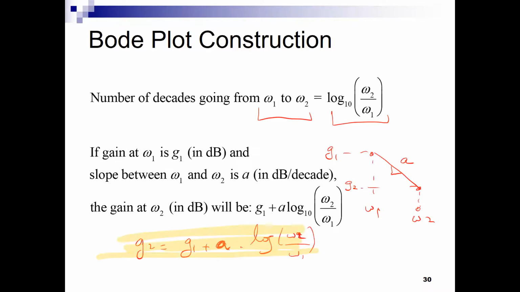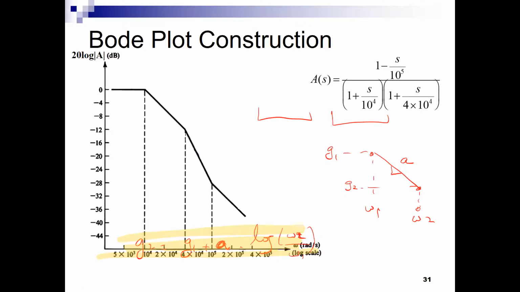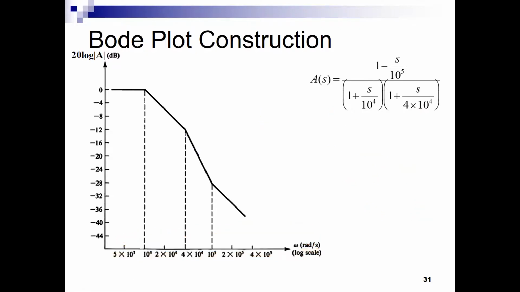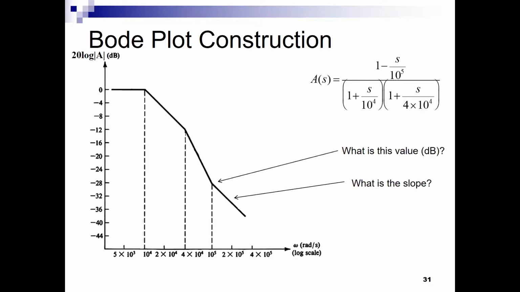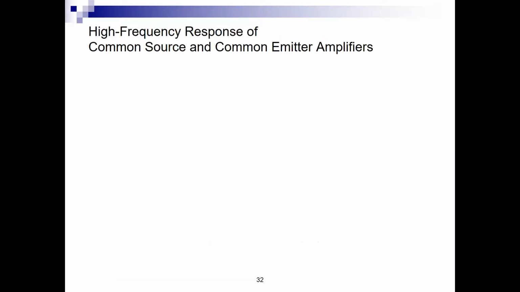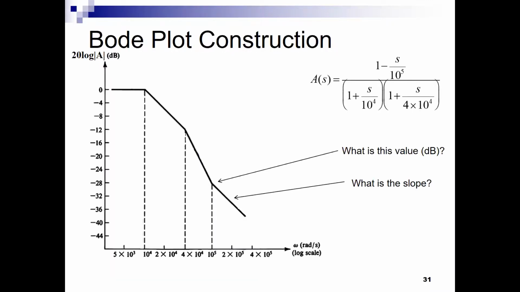Using this, we can go back to the previous graph and populate the values at each inflection point, and we can find the slope and the dB at the different points. Does anybody have any question here? Is this clear? The slope and how to find them in each region?